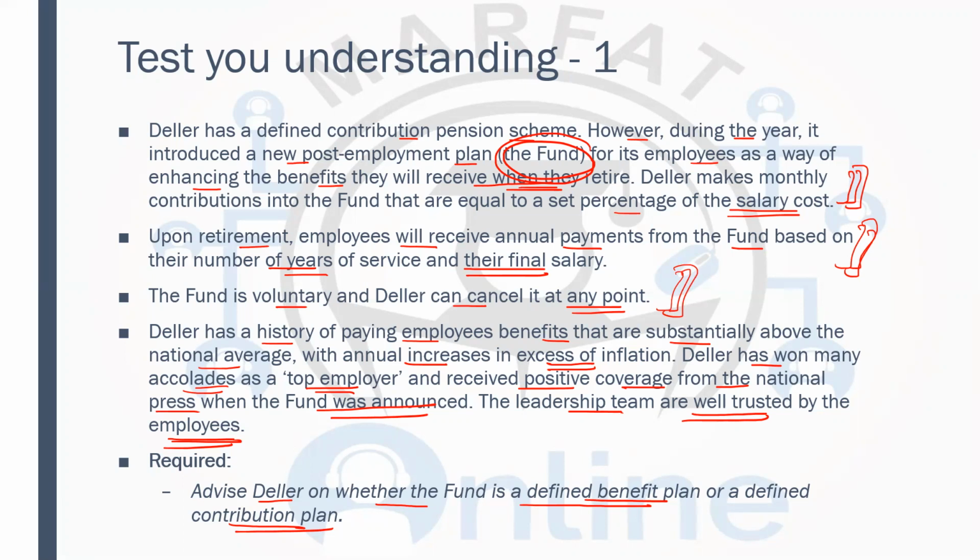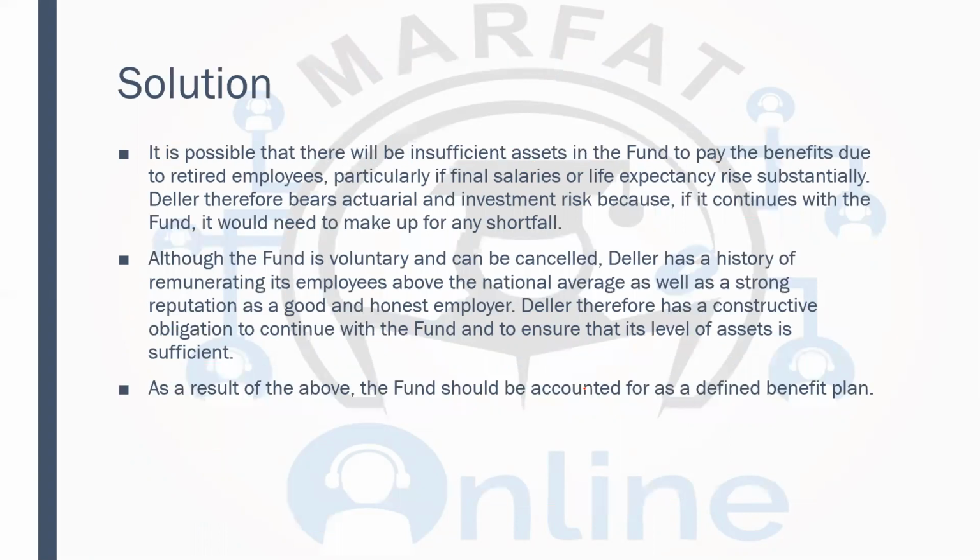But again, the last paragraph is very important, and it says that Dalar has a history of paying employees, so that makes their constructive obligation. History of paying employee the benefits, which is more than the national industry averages, and they also incorporate the inflation in it, and they have earned the industry awards based on this.